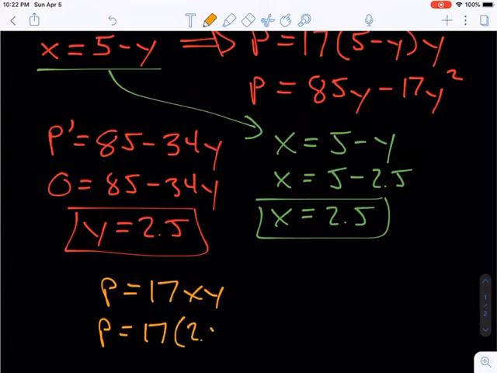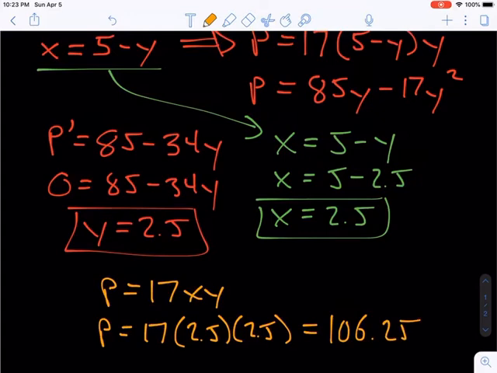So 17 times 2.5 times 2.5 will end up being equal to 106.25. And that is the maximum value of the function.